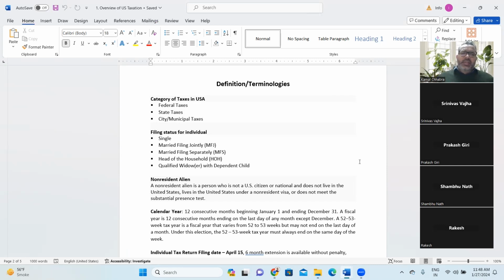So here is one thing I can share with you: income tax, which we are studying in US, is normally divided into three parts, which is being charged from the individual. One is federal tax, second is state income tax, third one is either city tax if the person is living in a city.